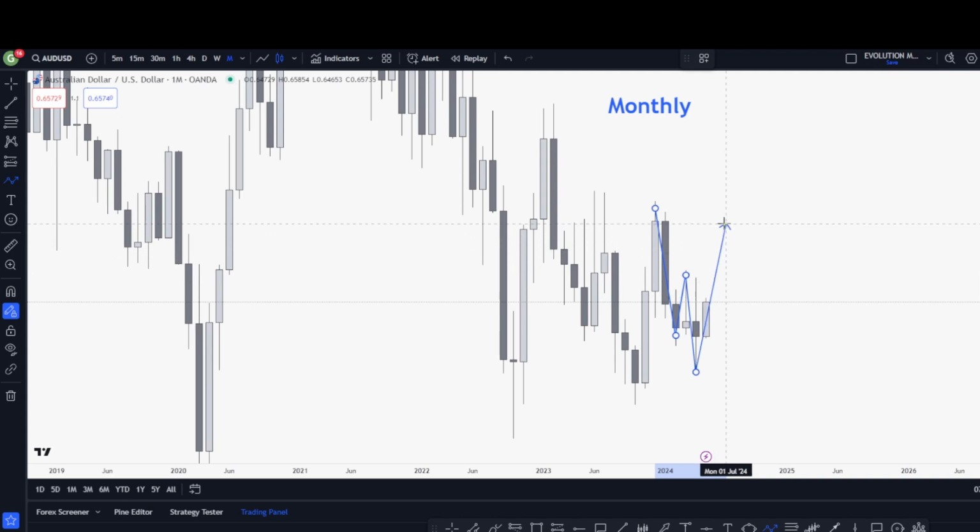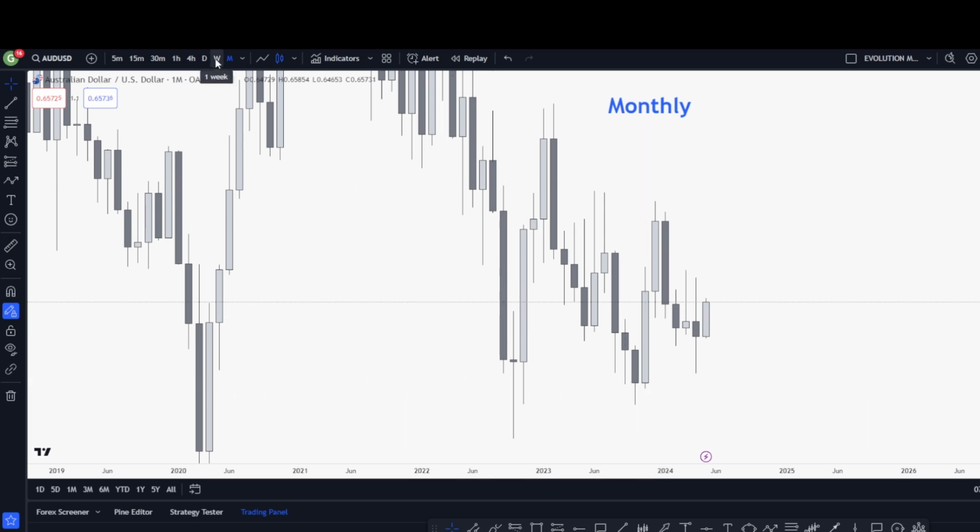So in the coming days, we could see price push up a bit to at least touch this neckline above here, or possibly these highs that were formed in the month of January. So this could turn out to be a W formation to the upside.